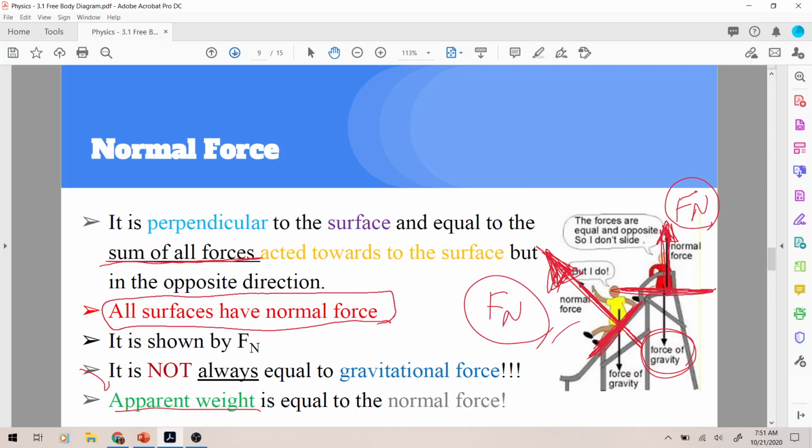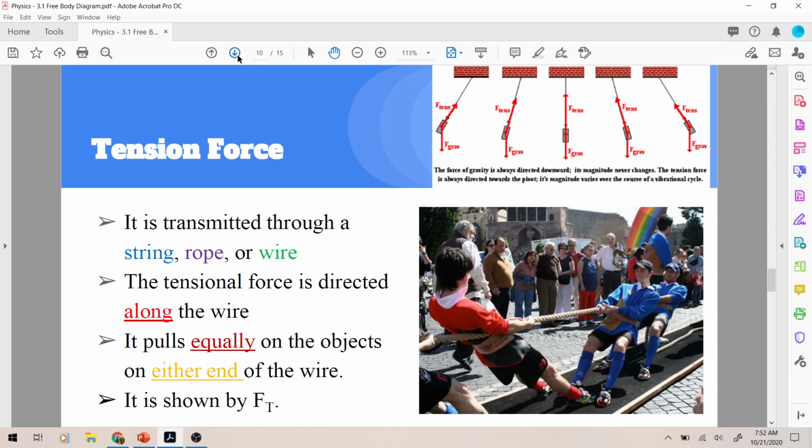But for this guy, gravity is acting straight down, but the surface is at an angle. So normal force is going to be equal to the perpendicular vector that is going down to the surface. That's going to be a little bit confusing, but the main idea is when you have a surface, you must have a normal force.